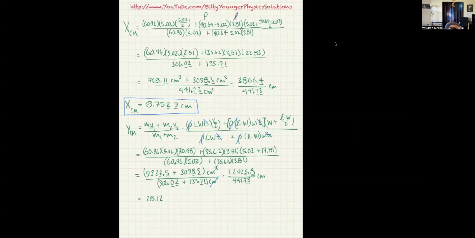And the digit after the 2 should rightfully be a 9, but that's followed by an 8, so I'm going to write this as 30. So scratch that out and write this as 30, and neither one of those are sig figs. So the y center of mass for this object is 28.13 centimeters, but really we can only count 28.1 centimeters, and we can only count 8.75 centimeters for the X center of mass.